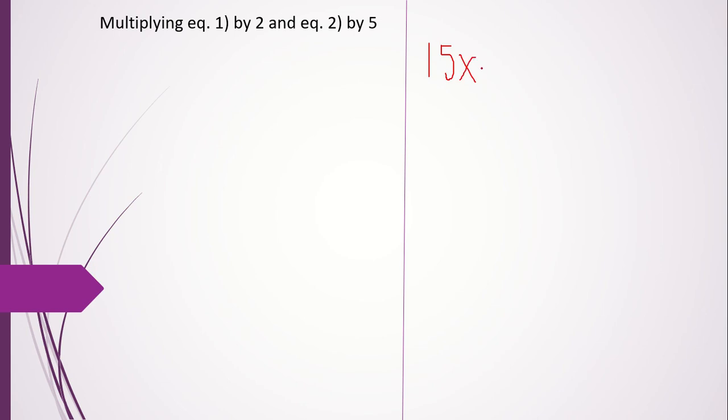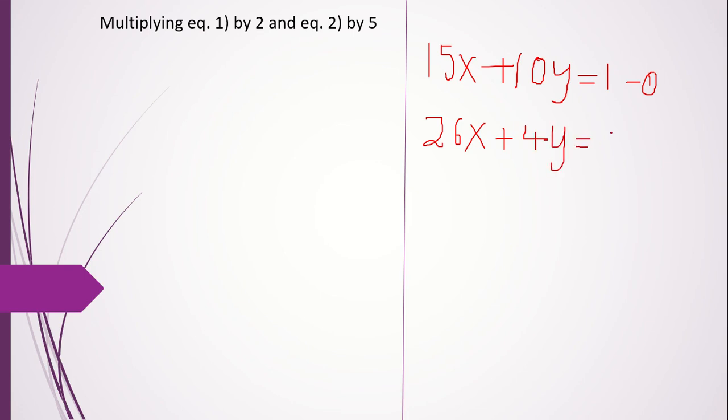We got these two equations after reducing. 15x plus 10y is equal to 1, this was my equation number 1, and 26x plus 4y is equal to 1.